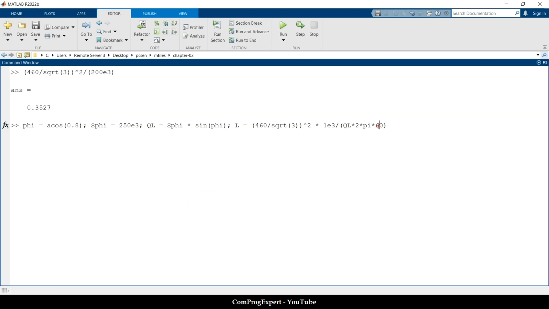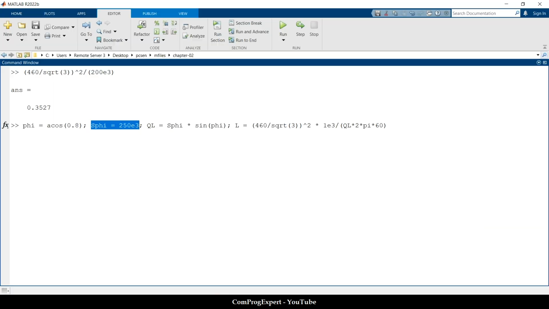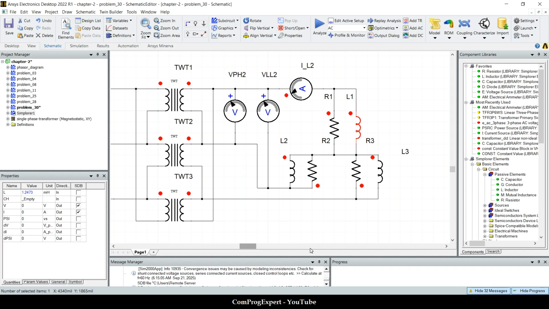The value of the power factor is 0.8. This is the apparent power per phase, right? 250. And here is the reactive power, volt ampere reactive. This is the value of the inductance in millihenries. So here is the value of the inductance, 1.24 millihenries.